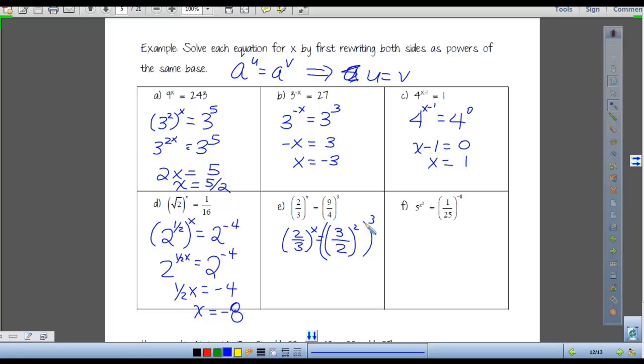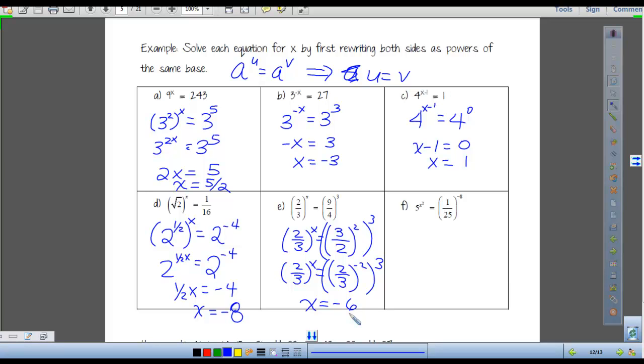Not quite. What could I do with the exponent that would flip this over? Make the exponent negative, right? So if I do 2 over 3 to the negative 2, that's the same thing as 3/2 to the positive 2, right? That negative exponent causes the entire thing to flip. It's still cubed, but now I have the same base. I've got 2/3 to the x and 2/3 to the negative 6. So we get x equals negative 6. Okay, questions about that?